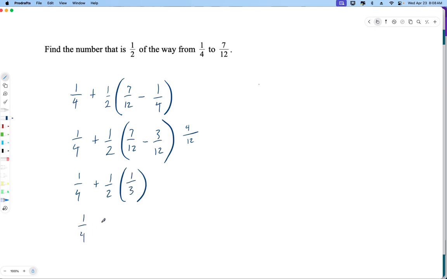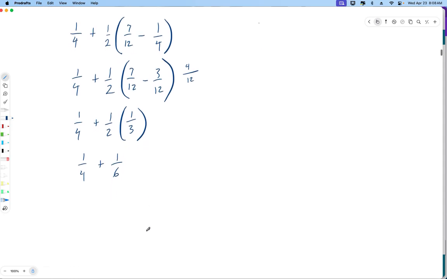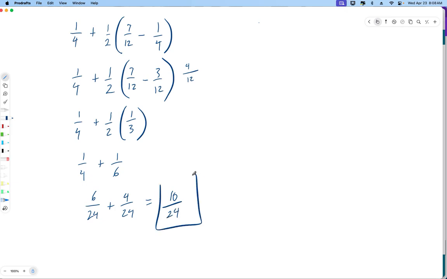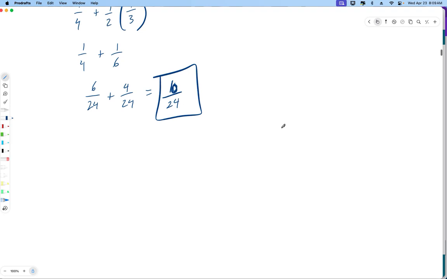So 1 over 4 plus 1 over 6. All I need to do is convert those. So by opposite denominators, I've got 6 over 24 plus 4 over 24 is equal to 10 over 24. That is your answer. That's 10 over 24. All right, see, that's not so hard, is it? You got the range, the fraction of the range. We add it back to the starting point. Easy peasy. Next problem.